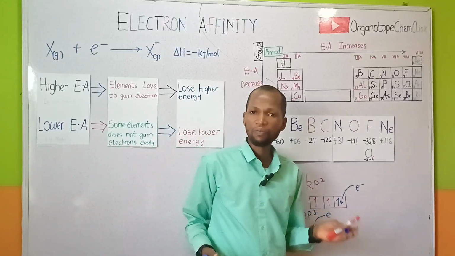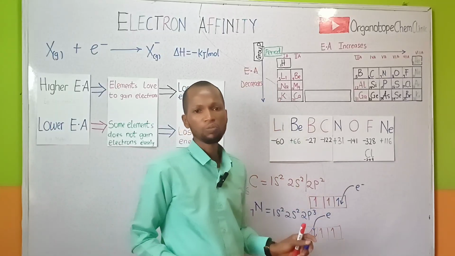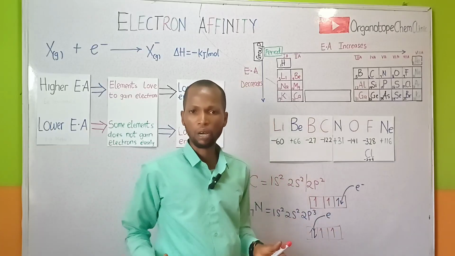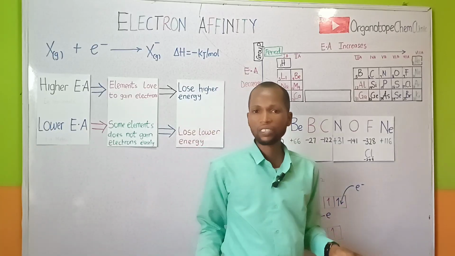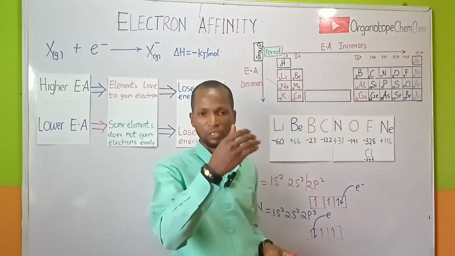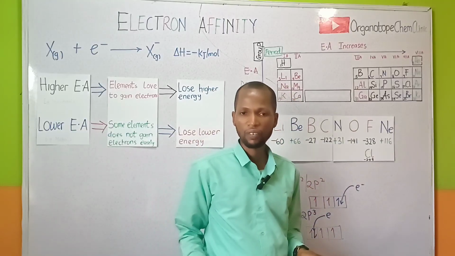So when we observe the pairing of electron in the p subshell, this will result into the absorption of energy, that is endothermic, and that causes the electron affinity to decrease, that is moving towards the positive value.